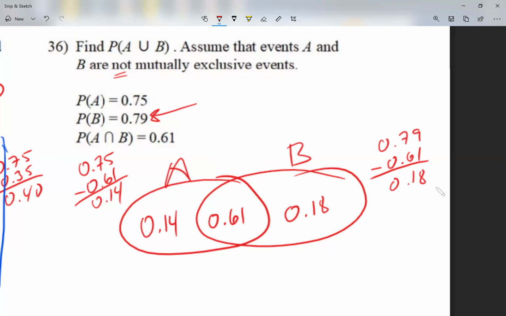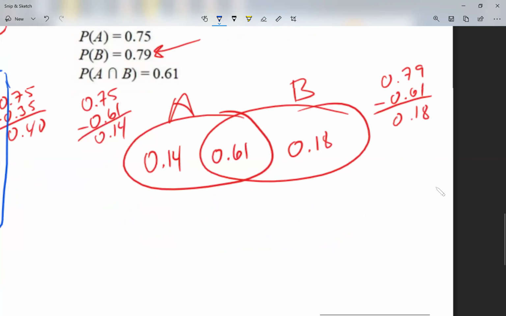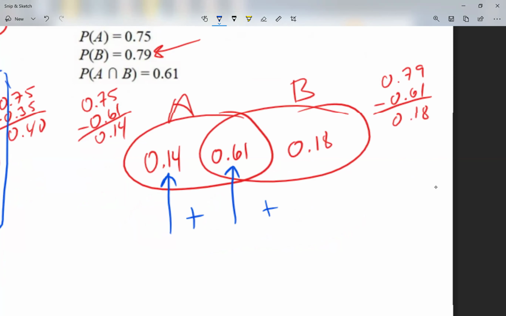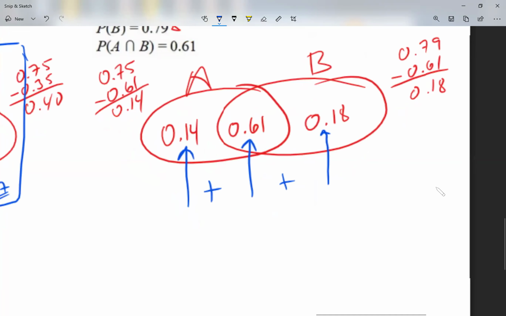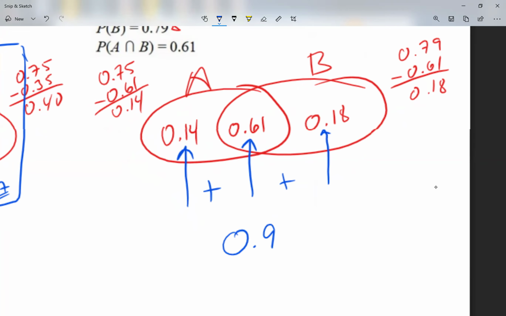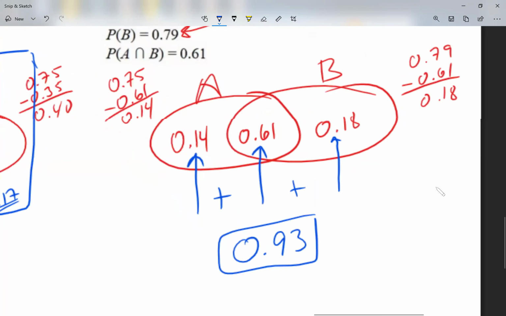Now I'm asked to solve for probability of A union B. So I'm going to go 0.14 plus 0.61 plus 0.18. I'm going to type it on my calculator. My answer happens to be 0.93. Because I was asking for probability, I was expecting a number between 0 and 1. So 0.93 sounds about right.